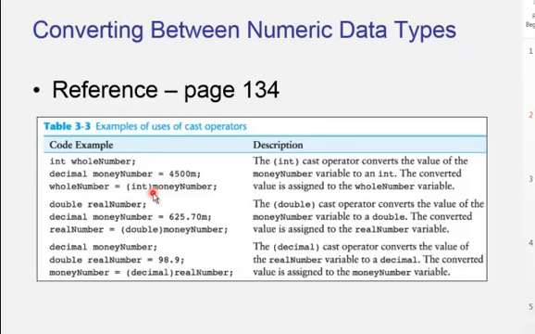Again, here is a double and a decimal, and now we're casting money number to double. And then finally, we have a decimal and a double, and we can cast it to decimal. So whatever we have on the left-hand side, cast the right-hand side to that type, and then we won't have any problems with those statements.